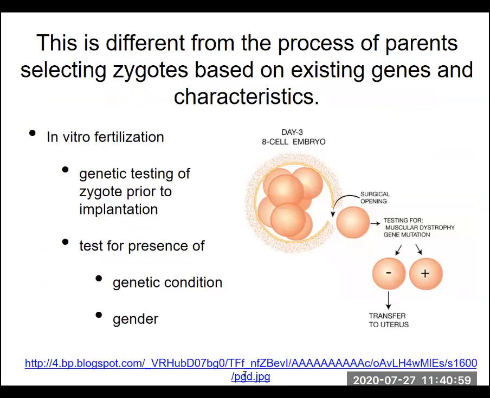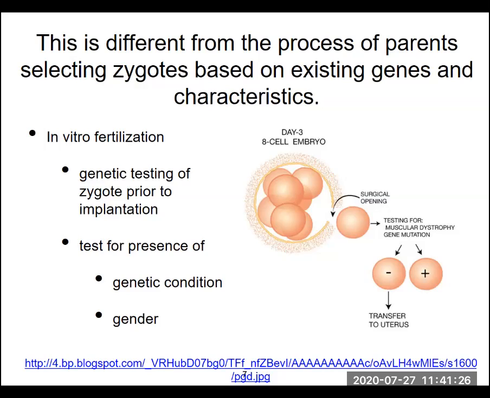If that fertilized egg, that embryo, has that genetic condition, they may choose not to implant it and go through the process of pregnancy to produce an infant at the end. But they may do the in vitro fertilization, test it, and find out that the embryo doesn't have the mutation or the genetic condition that they're concerned about.